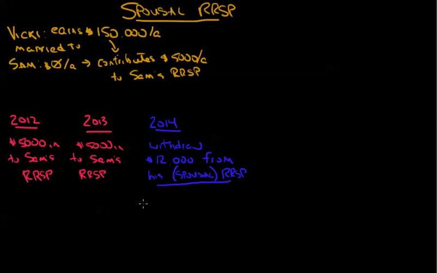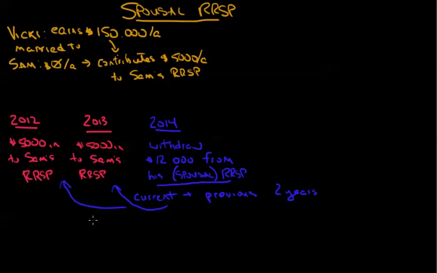So what happens around this is that, in fact, we're going to undo, we're going to go back to the current year plus the previous 2 years, and we're going to undo basically any tax advantage that Vicky had in that period. So we go back to 2013, we go back to 2012.